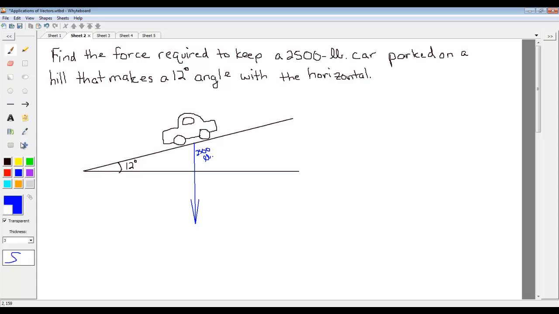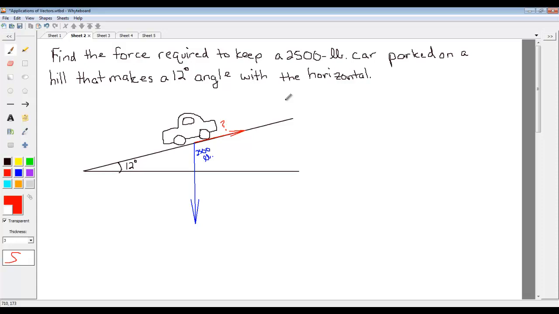Now what else do we have? We have a force acting on it, basically pulling on it in this direction to keep it from rolling down the hill. We've got to figure out what that force is. That's our unknown, but that's keeping it from rolling down the hill.